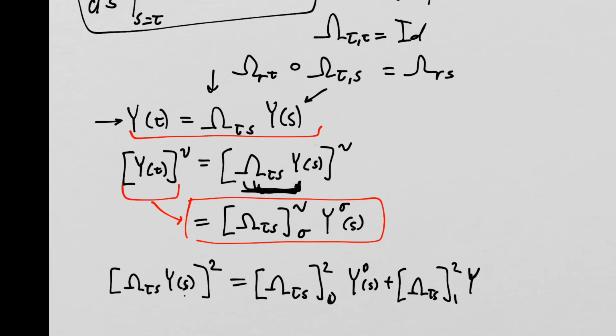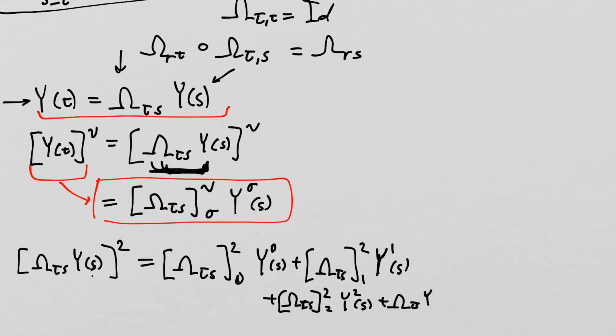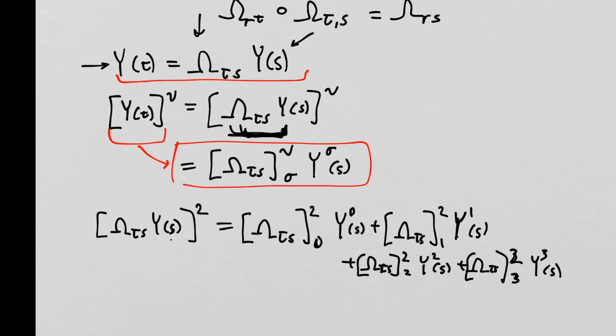Since we're doing general relativity, I'll stick with 4 dimensions starting with 0, plus omega ts 2 at s plus omega ts y3, I guess this is omega 2, 3 y3 of s. So that's it blown up in its explicit form.